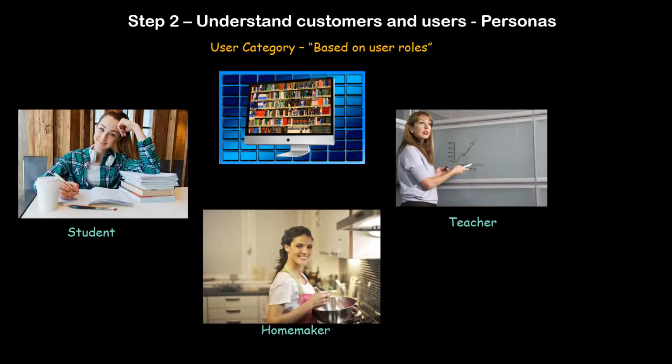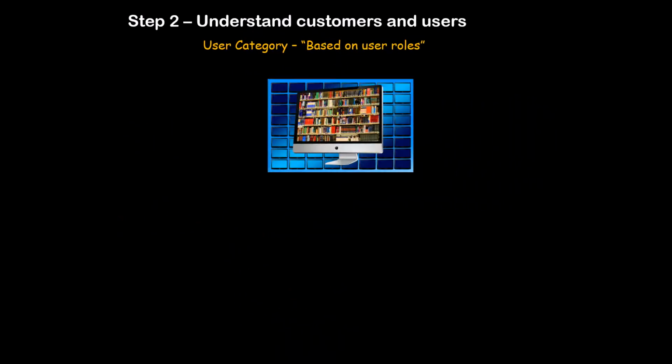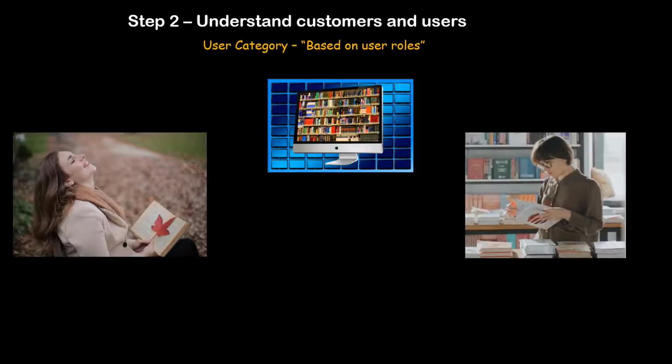However, just having homemakers as your users is still not enough to make your product successful. A homemaker whose hobby is only to read books will behave differently from a homemaker who reads books only on a need basis. So they have different goals.